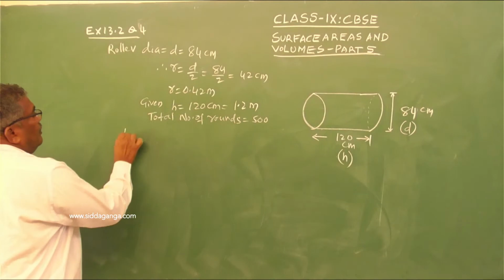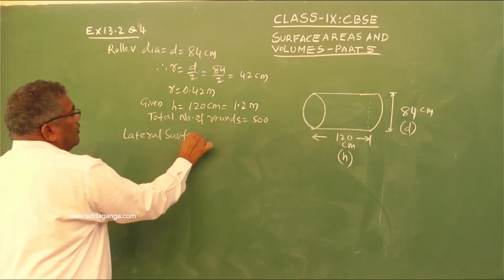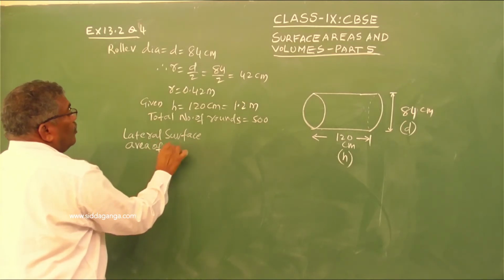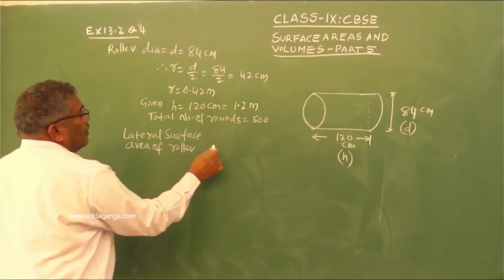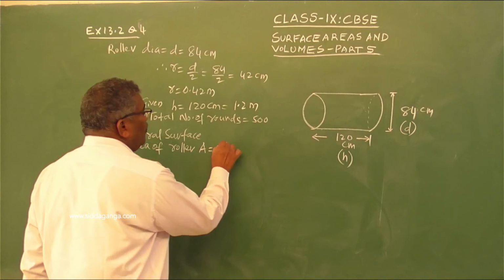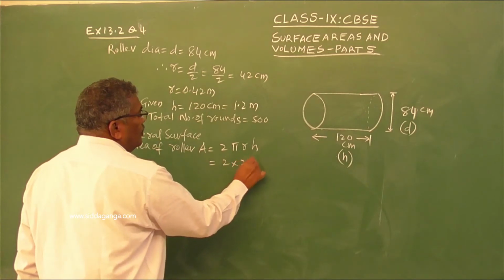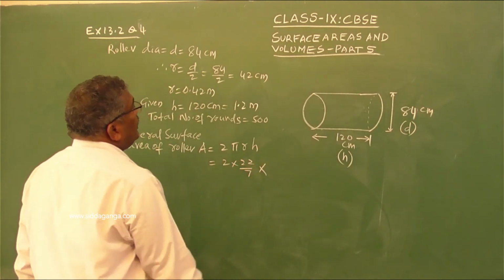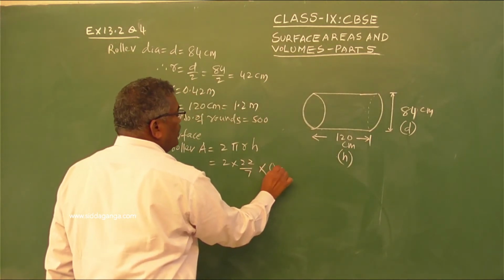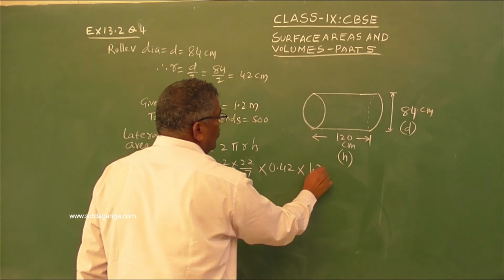So now, see, we have to calculate the lateral surface area of the roller. A equals, the lateral surface area formula we have, 2 pi r h. Here we have 2 into 22 by 7 into radius, 0.42 meter, into height, 1.2 meter.